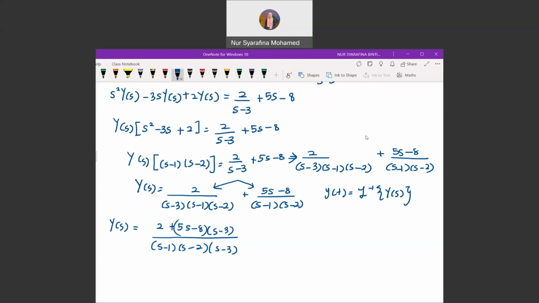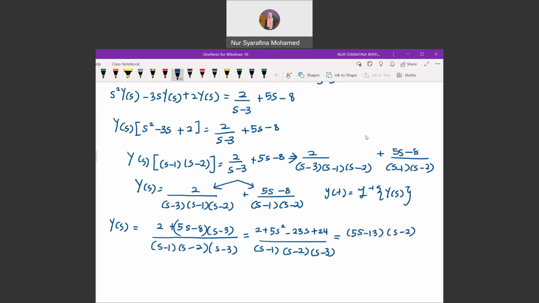Before we can cancel and factorize, we should expand this first. So we have 5s squared minus 23s plus 24, divided by (s minus 1)(s minus 2)(s minus 3). This can again be factorized to (5s minus 13)(s minus 2).